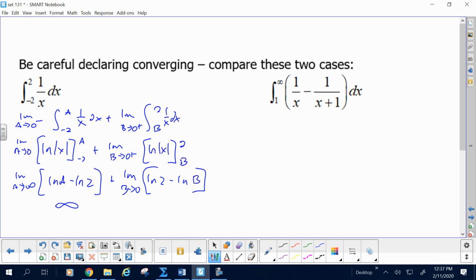Limit as A goes to 0 from 0, negative infinity. Okay. Negative infinity, and then this guy goes to minus negative infinity, so positive infinity, and this is one of those cases that, because the limits are different, it is indeterminate, and you're done. That's all you can do. No combining to be done, like the one a little earlier.